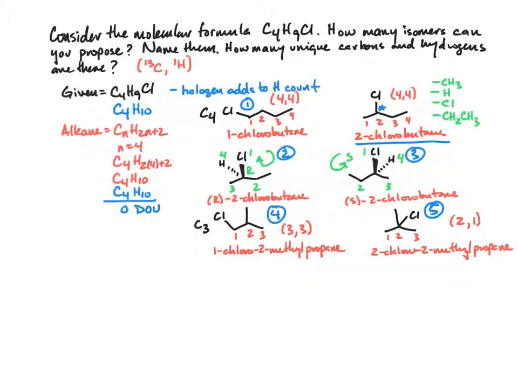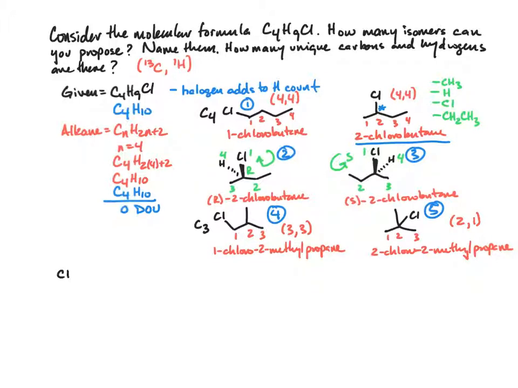So let's redraw these at the bottom here and dig a little bit deeper into the unique number of hydrogens for each and determine a ratio. So of the 1-chlorobutane and 2-chlorobutane, since they both come out to 4 and 4, at this point you really couldn't differentiate them until we did a little bit deeper analysis of the proton sets. The other two are 3 and 3 and 2 and 1. So we could look at spectra and differentiate those from the 1 and 2 chlorobutanes.